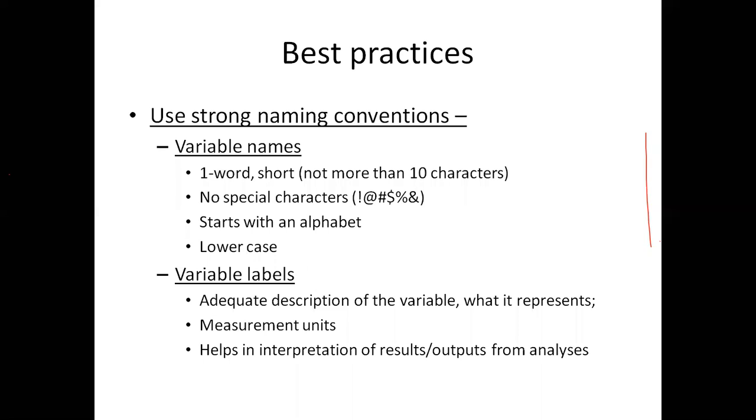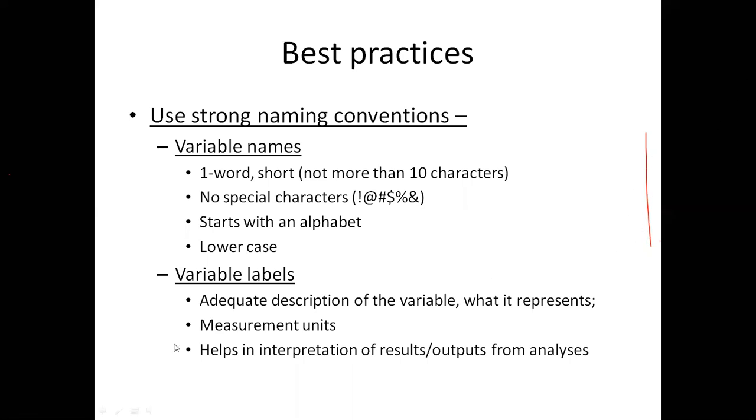Likewise, no special characters are allowed; it is just a string of alphabets. It usually starts with an alphabet and is in lowercase. So when you define your variable name, keep these things in mind so it becomes easier to work with.